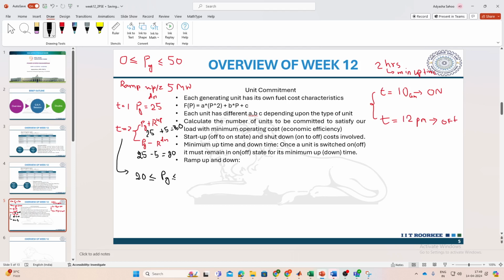So even if its maximum limit is 50, due to the ramp up constraint, it can go only up to 30. And even if its minimum limit is 0, due to the ramp down constraint, it can go down to only 20 in the next time interval. So this constraint is known as your ramp up and down.